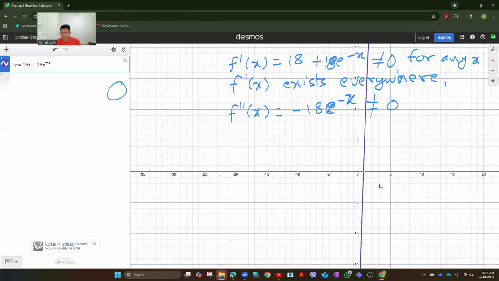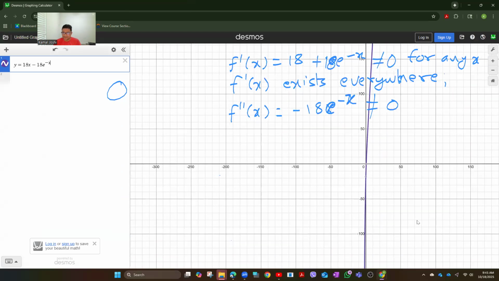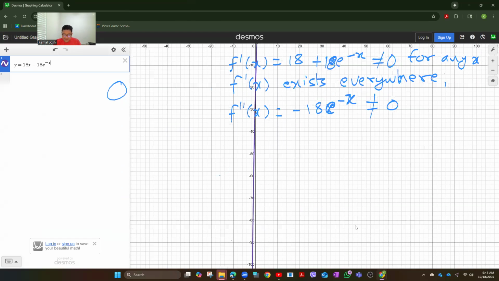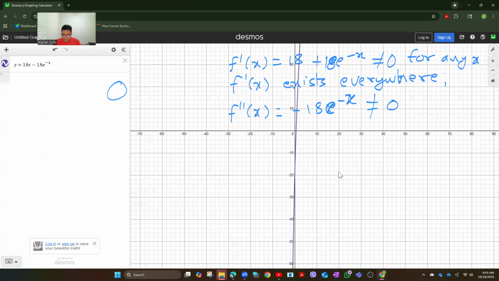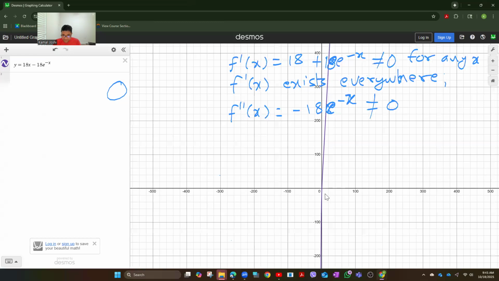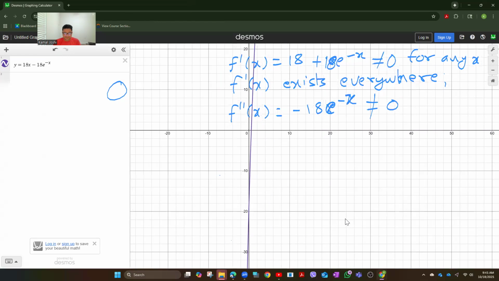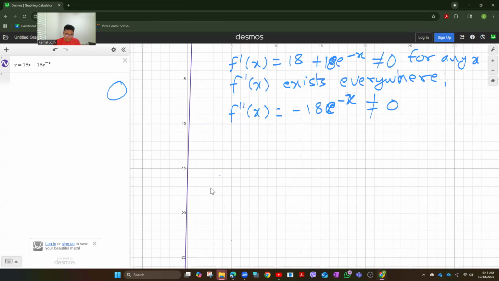And as you can see in this graph, there is no relative extrema and also no inflection, because it looks like it's concave down everywhere, right? That doesn't even change even if you zoom in.